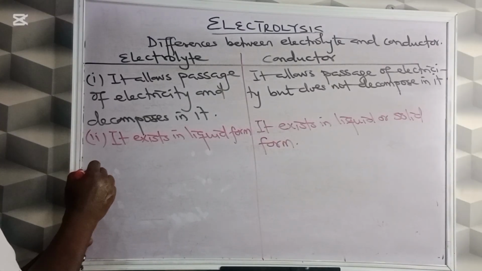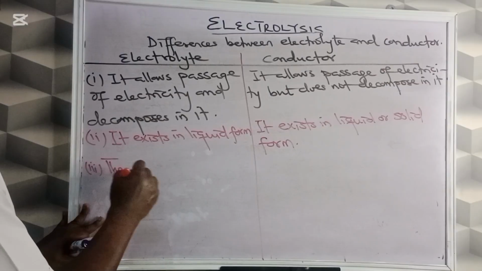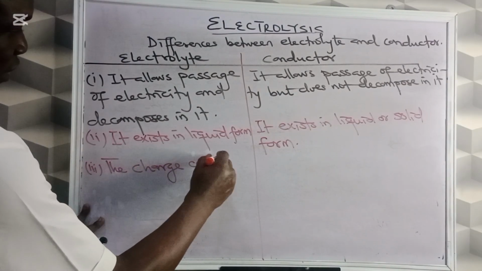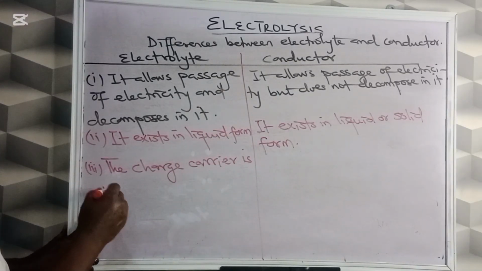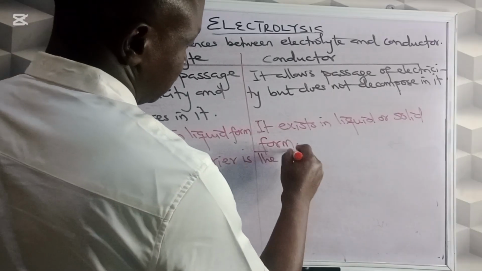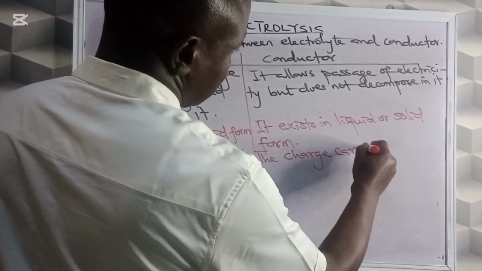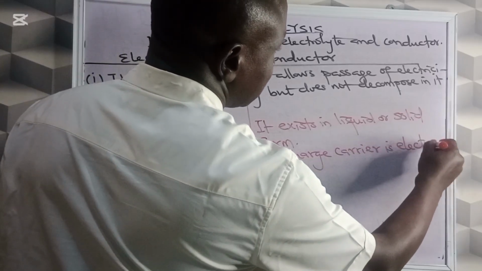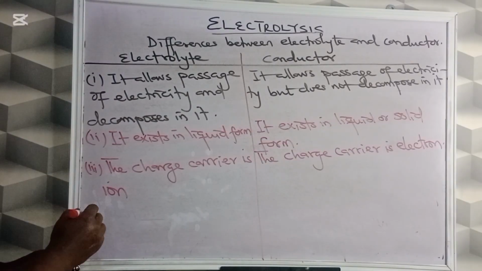Three: the charge carrier in an electrolyte is ion, while the charge carrier in a conductor is electron.